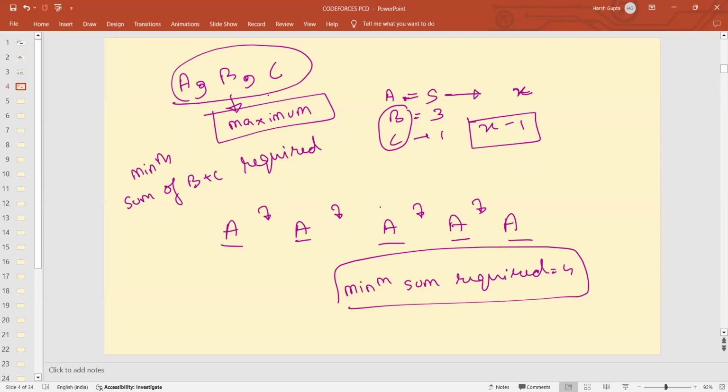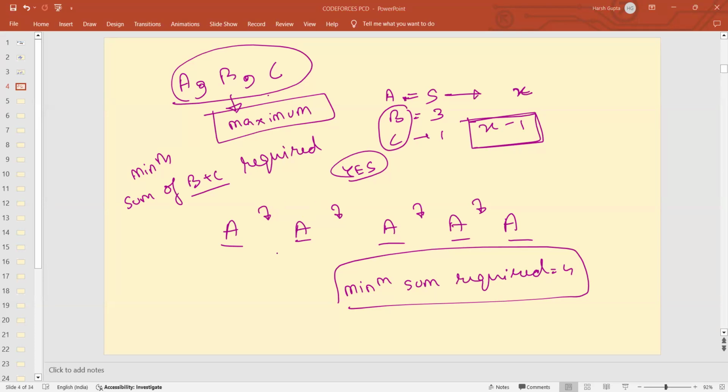Okay. So now what I claim is that if I have B plus C greater than or equal to X minus 1, my answer will always be yes. Why do I say this? The intuition is that I took the maximum value. Let's suppose A was 5, so I placed 5 A's right over here.